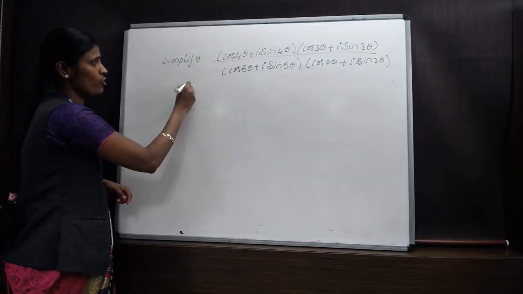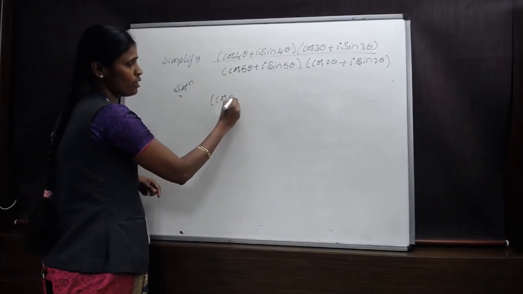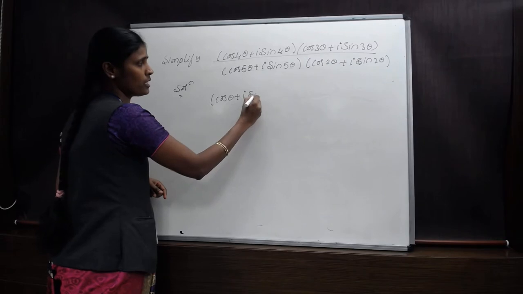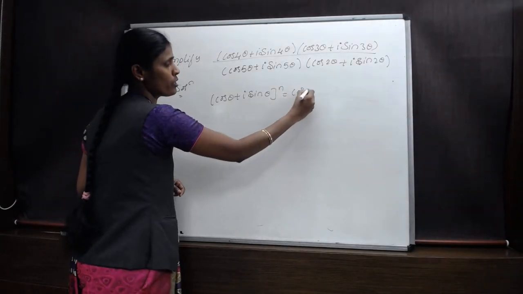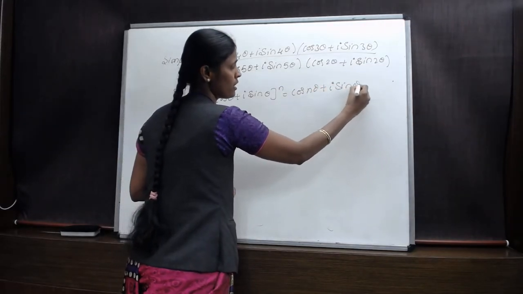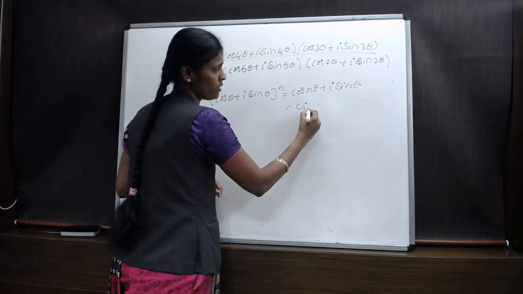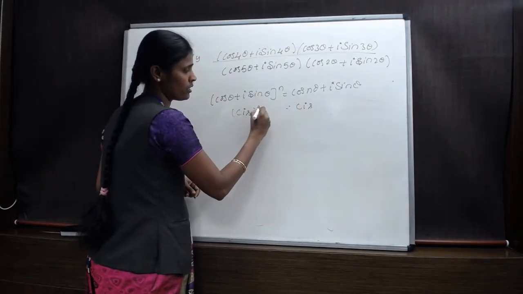Solution. We know that by De Moivre's theorem, (cos theta plus i sin theta) to the power of n is equal to cos n theta plus i sin n theta. It can also be written as cis. This is cis to the power of n.